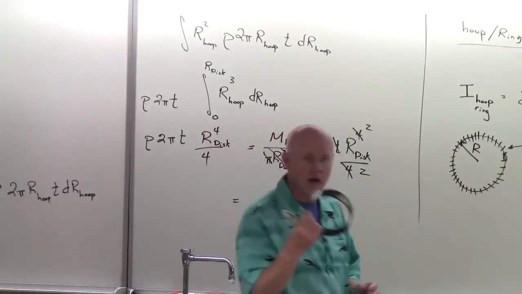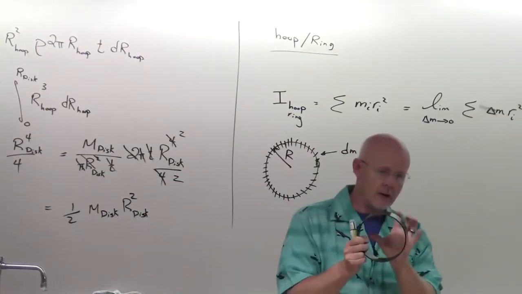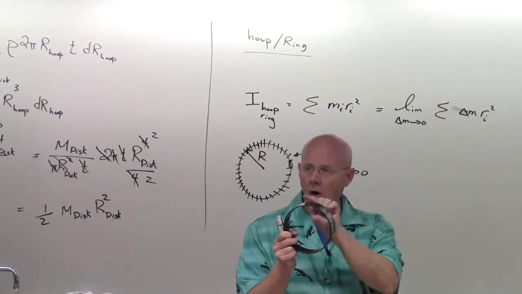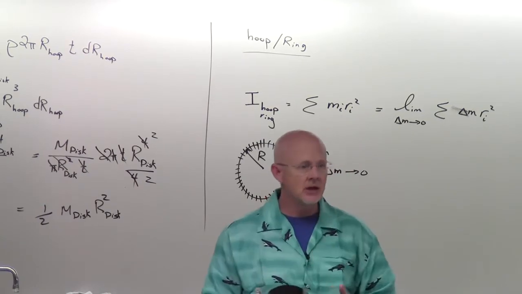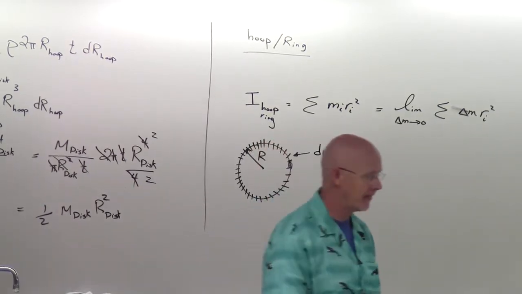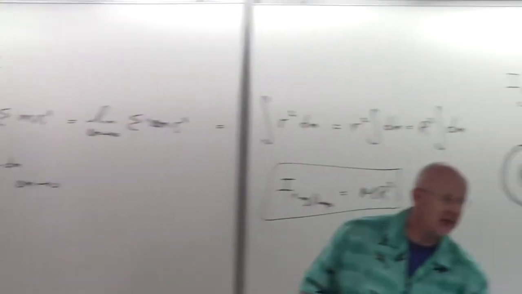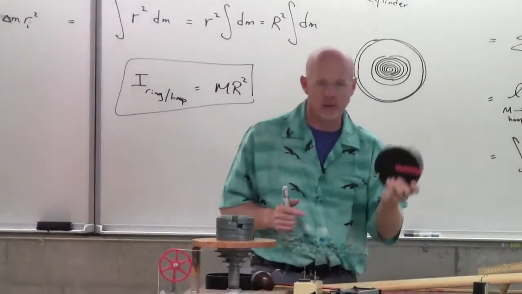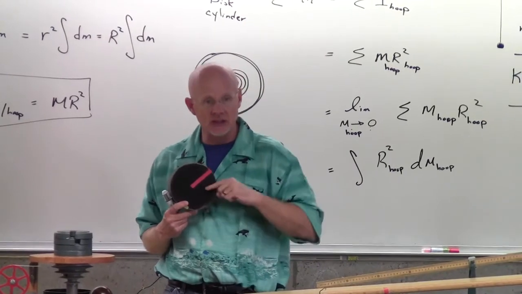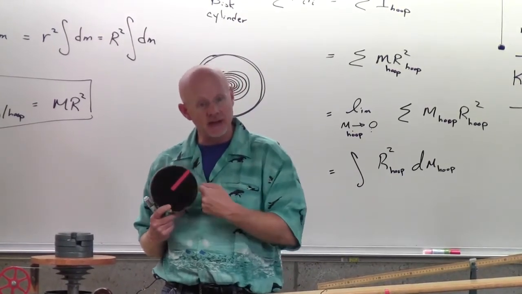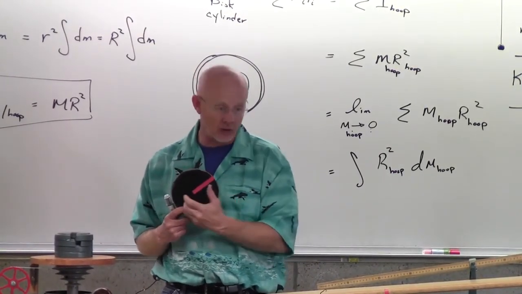Because remember the hoop. The hoop had all the mass at a given radius. And so we just came up with mr squared. But the disk, or the cylinder, some of its mass is on the inside, some of it is on the outside or towards the end.